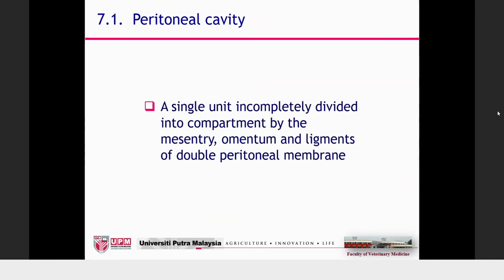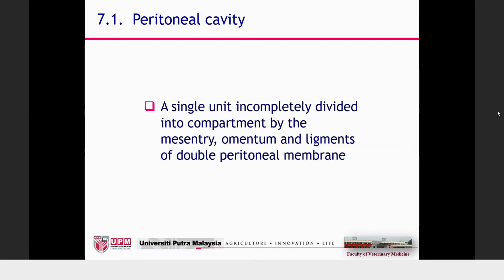So when you look at this peritoneal cavity, and when you want to conduct a necropsy and open the abdominal cavity, after cutting the skin, you will cut the muscle. Then, immediately after you cut the muscle, if you are very careful, you can expect to see a very thin membrane. In normal conditions it is clear, compared with the cloudiness seen when there is peritonitis.